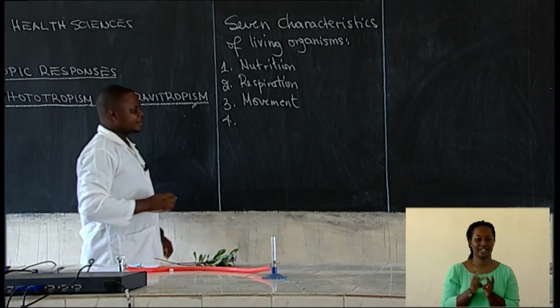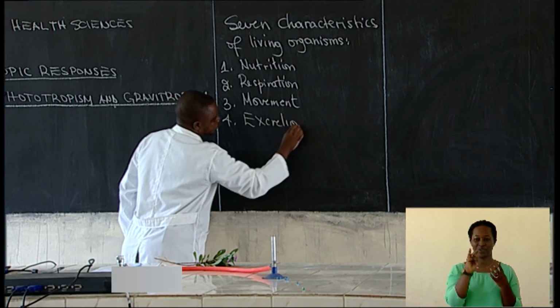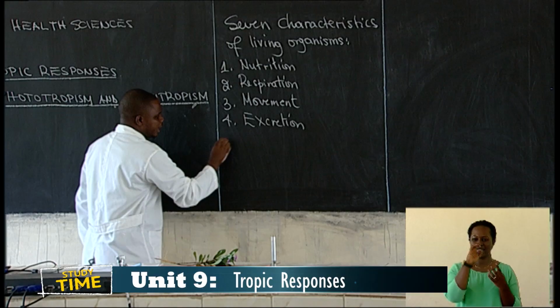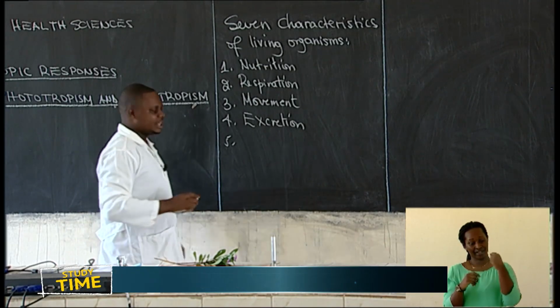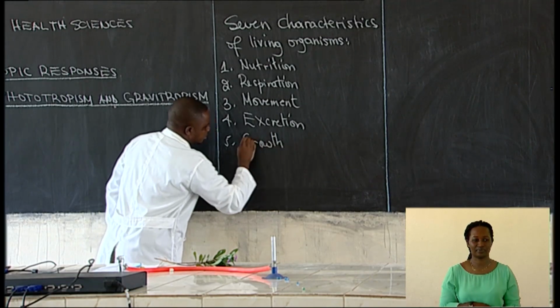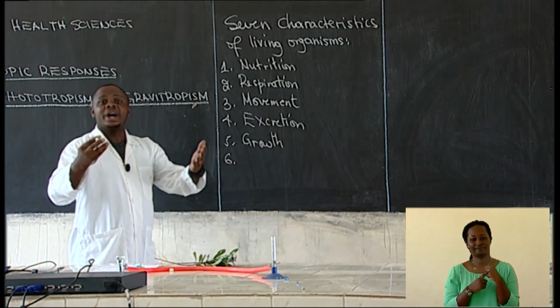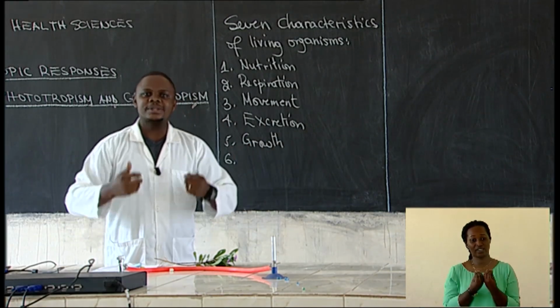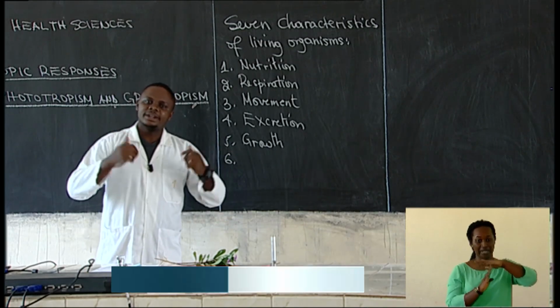Point number 4, excretion. Number 5, organisms grow. That means growth is another characteristic. Number 6, organisms reproduce so that they can replace the ones which are dead.